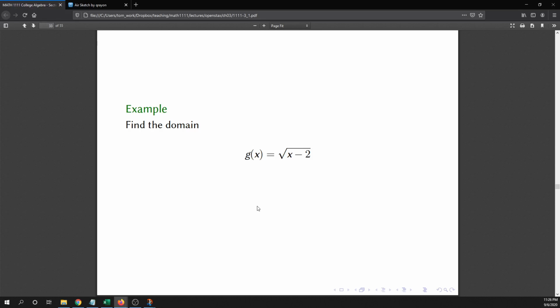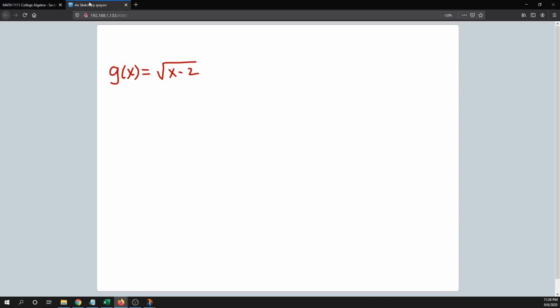So here we have the function g of x equals the square root of x minus 2, and we want to find the domain. What we would do is take what's underneath the radical sign, just what's underneath, not the radical sign itself, and set it greater than or equal to 0.